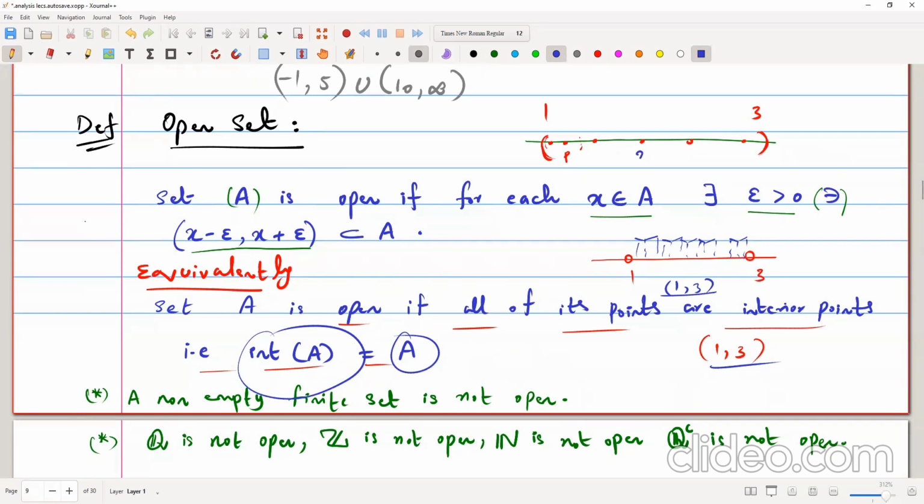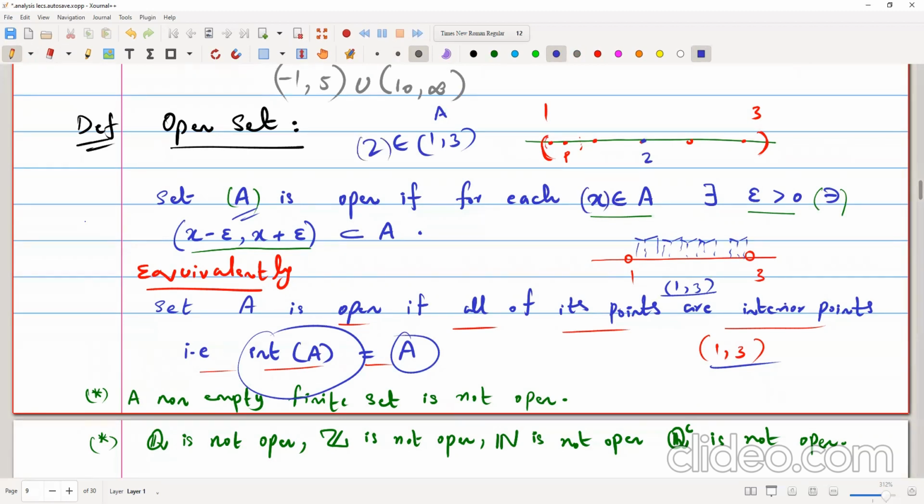For instance, if I am standing here and I call this point x, and this point x belongs to the set (1, 3), which is this set A, for instance if I take 2, then 2 belongs to this interval. So in this context the element x that I took is 2.